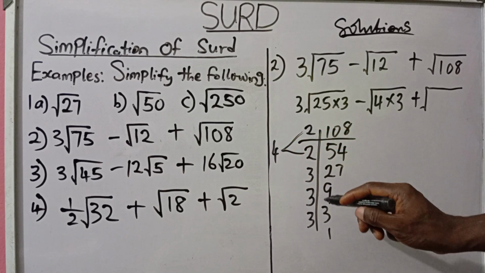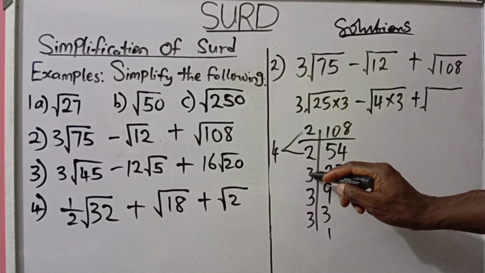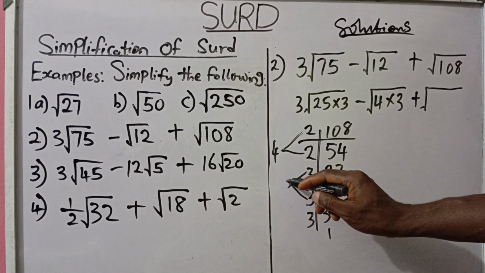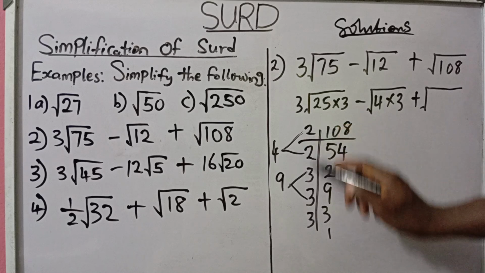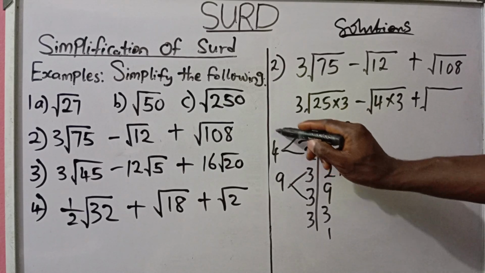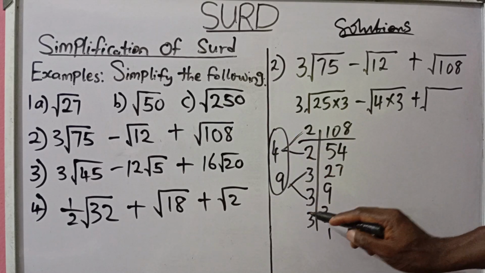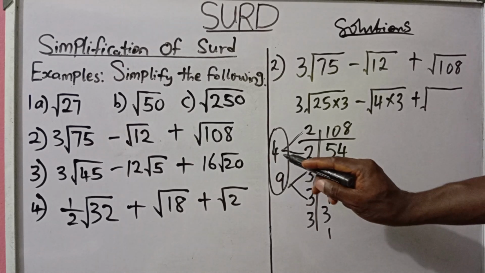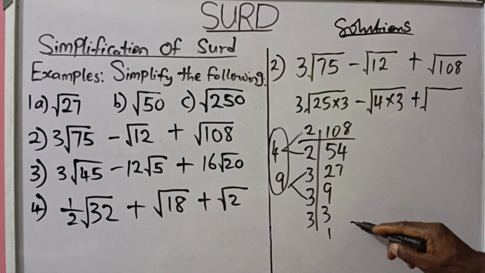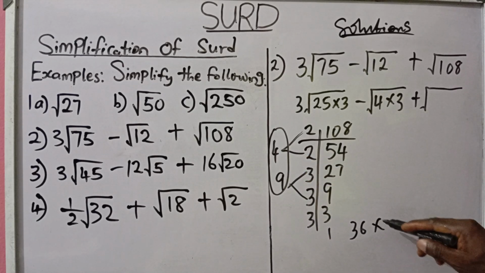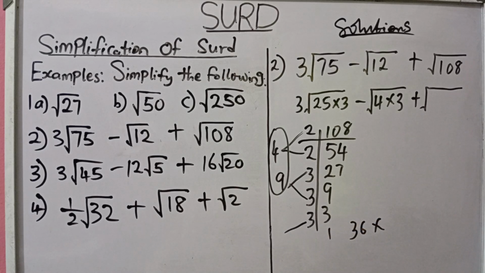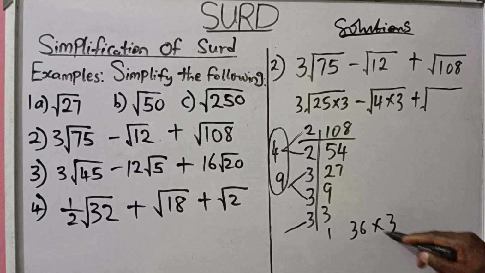Okay, then another one that can form a perfect square here is this and this, and that will give us 9. So when you look at the two that form a perfect square together, I bring both of them together here and leave this one aside. That will give me 4 multiplied by 9, which gives 36. So 36 multiplied by the remaining one here, which doesn't have a partner, will give me 108.